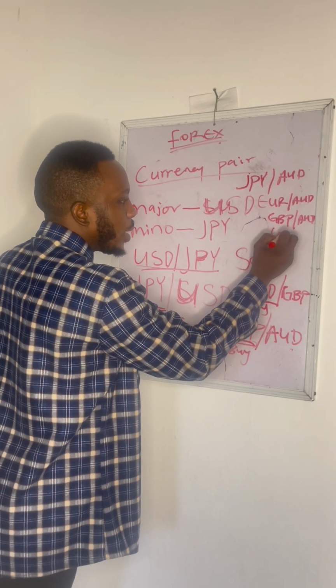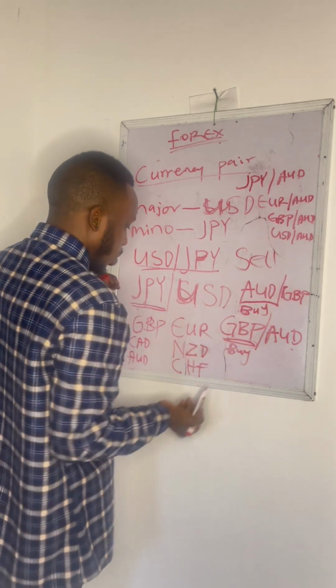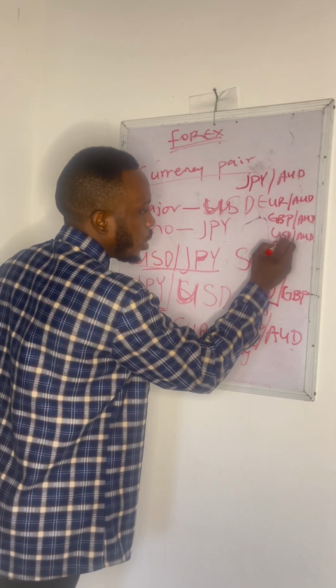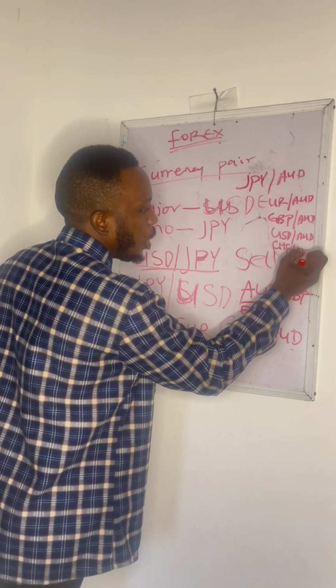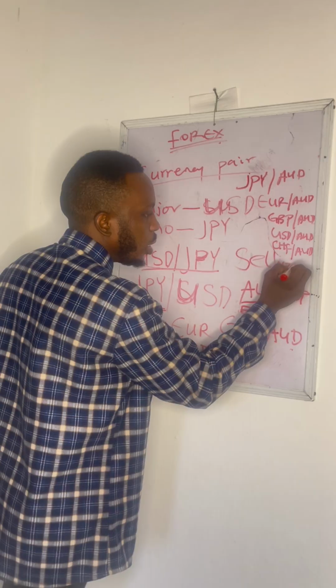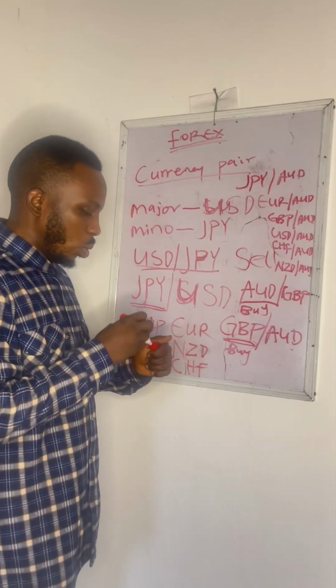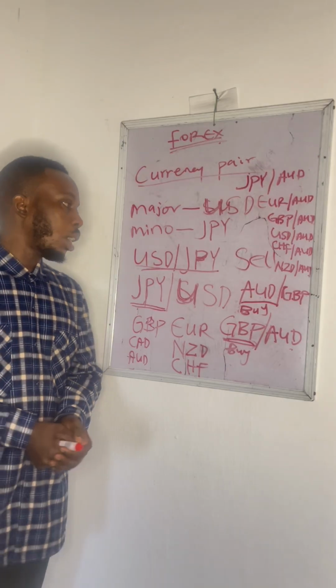We can also have USD to AUD. So this is how it works. We can also have CHF to AUD, and we can also have NZD to AUD. So the more you know about this, the more you're sure to know about other currency pairs.